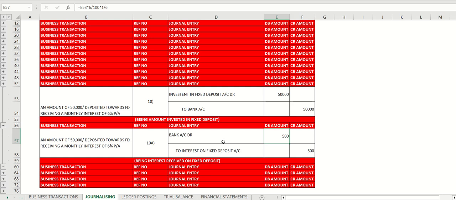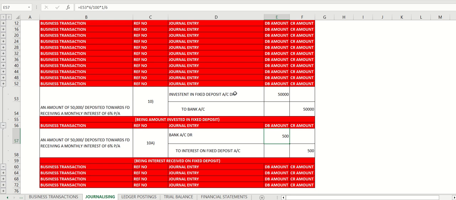Now let's try to understand which accounts are supposed to be created and ensure these entries are posted in the respective accounts. Which accounts are to be created for these journal entries?